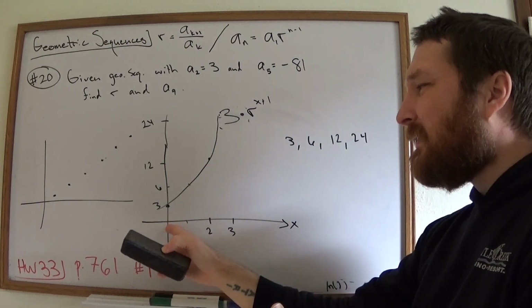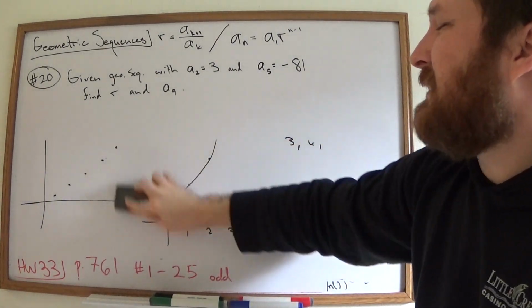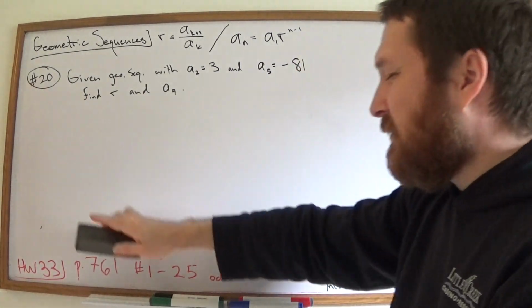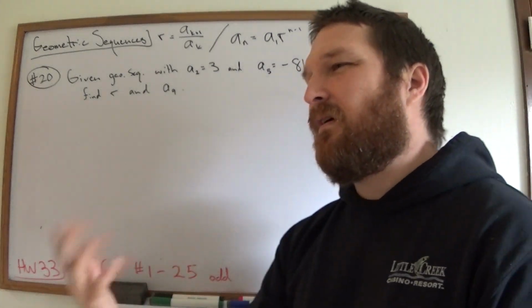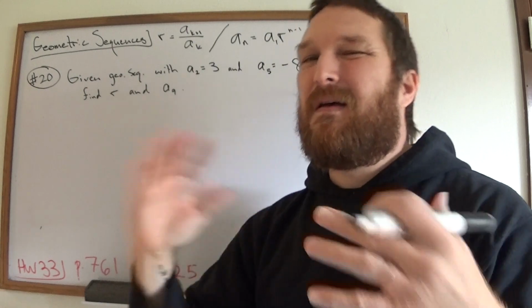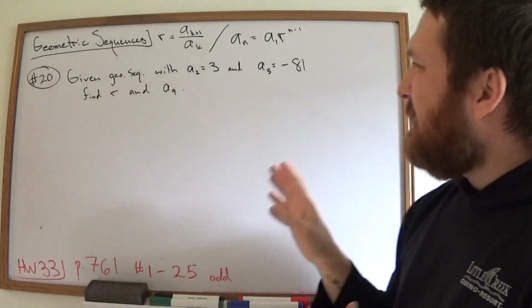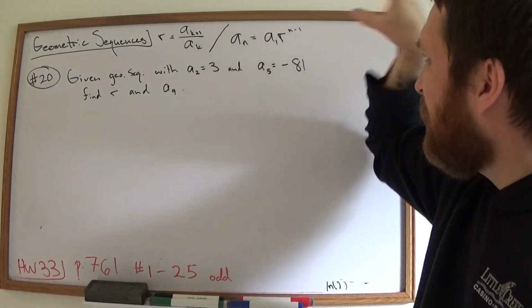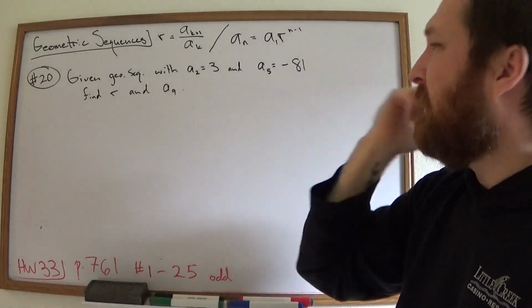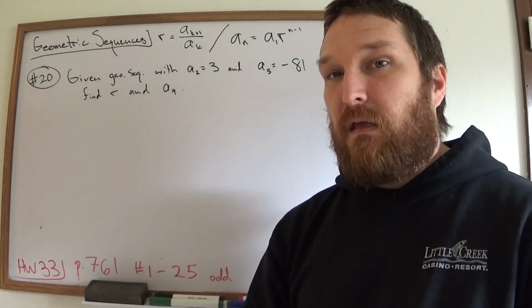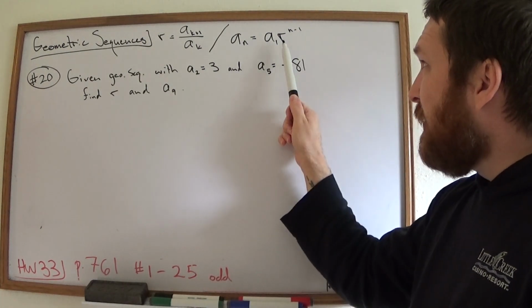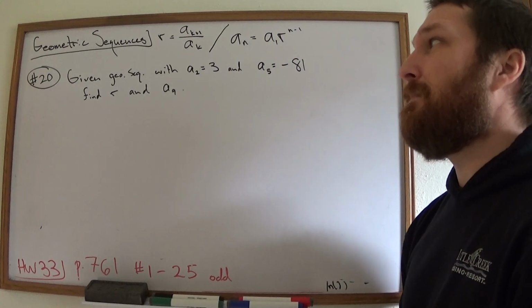That would make this a lot nicer. But then it's kind of a pain because you have to say, well, wait a minute, if you're on the nth term, that's actually n plus 1 things that you have, so there's a trade-off there. But the idea is if each time you move over one, you're multiplying by another constant amount, what you're getting here is like an exponential function. And whatever the r is, that's the base.